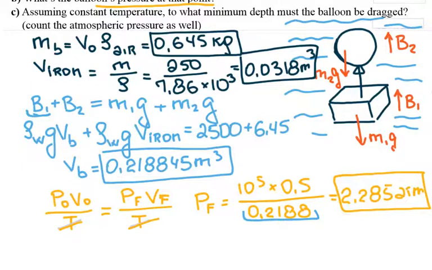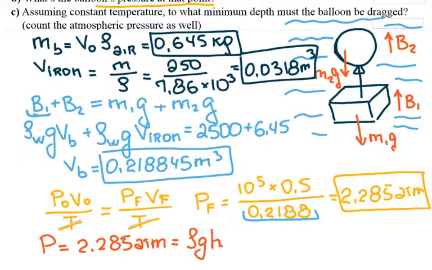To what minimum depth must the balloon be dragged? So the pressure inside of the balloon is equal to 2.285 atmospheric pressure, and that is equal to rho g h, where h is the height at which the balloon is located and rho is the density of the water. So h is equal to the pressure inside of the balloon, which consists of two pressures: atmospheric pressure and the one that is related to the height.